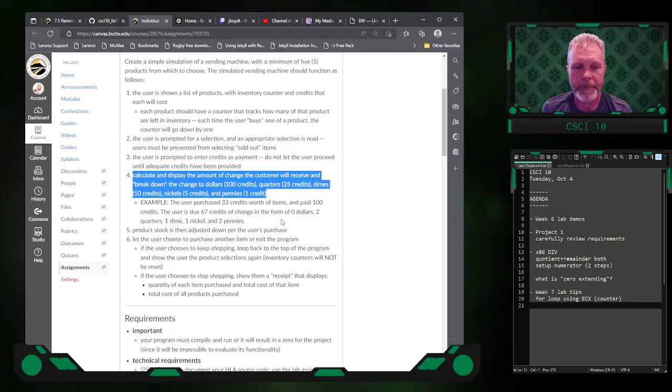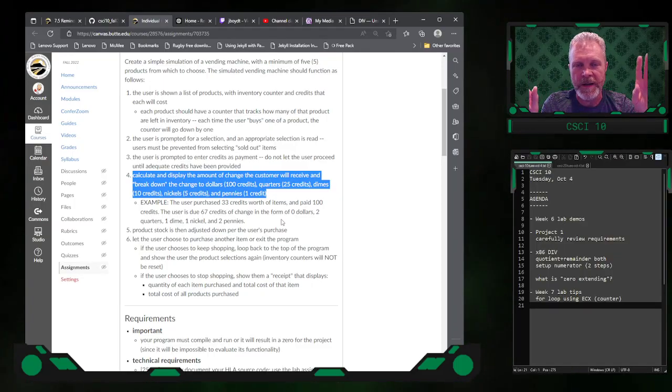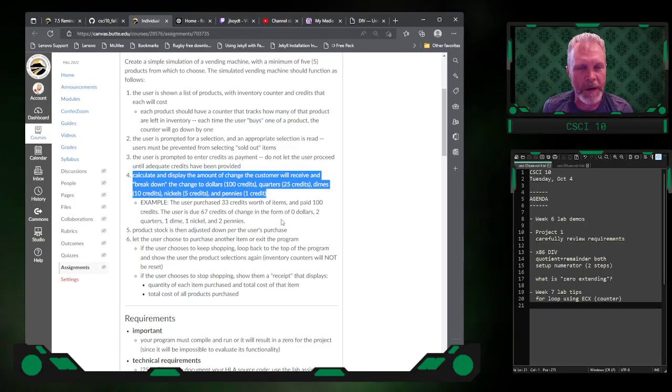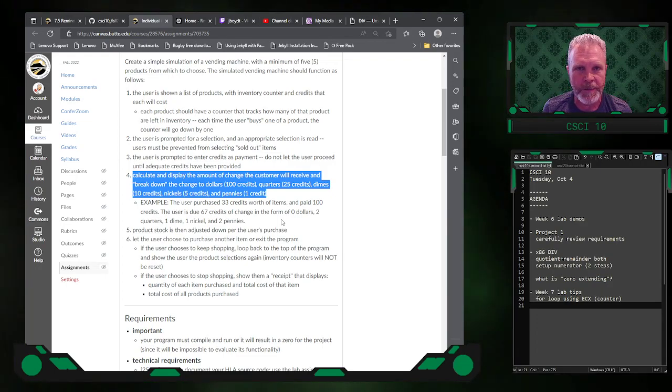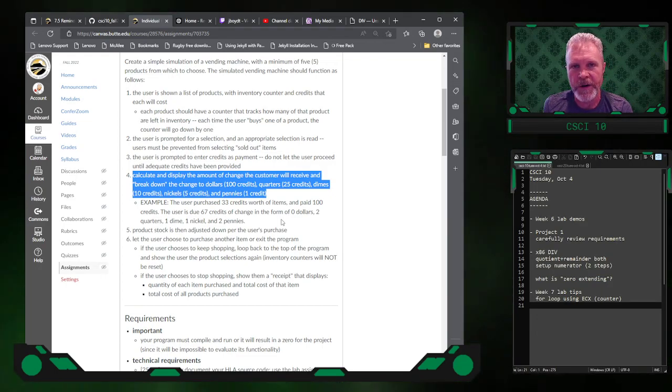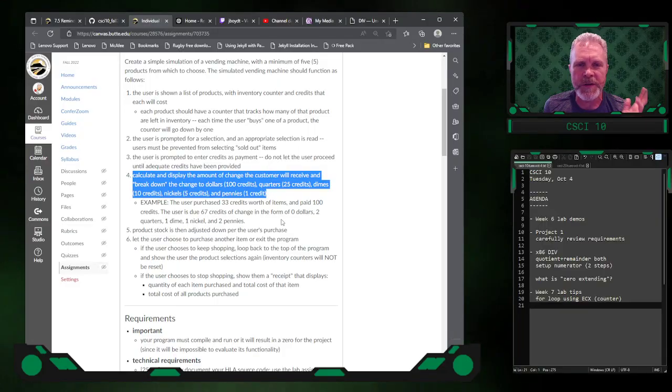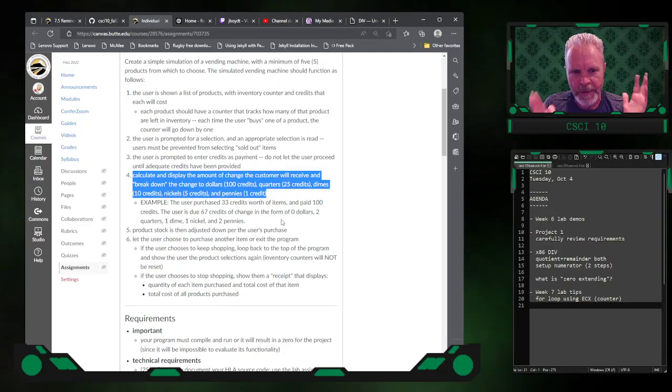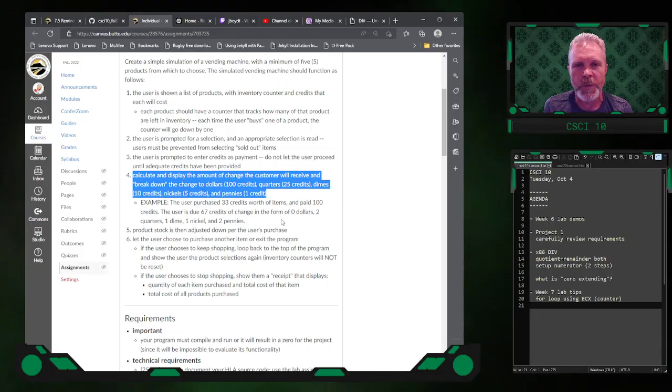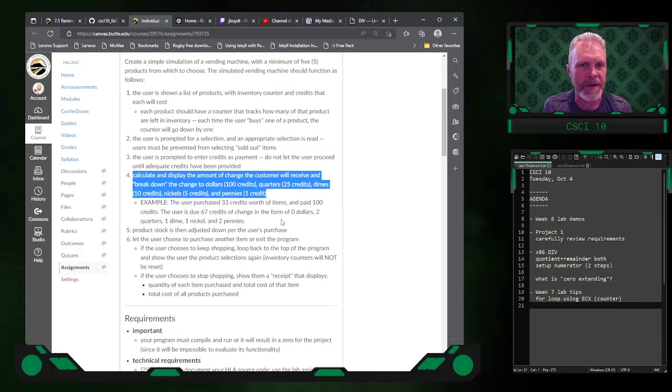So we're talking about credits because we don't have like 1.25 as a price for an item, so the item would be 125 credits. And I used to just say in this assignment, just make it be, it costs 125 pennies, but that seemed to confuse people.